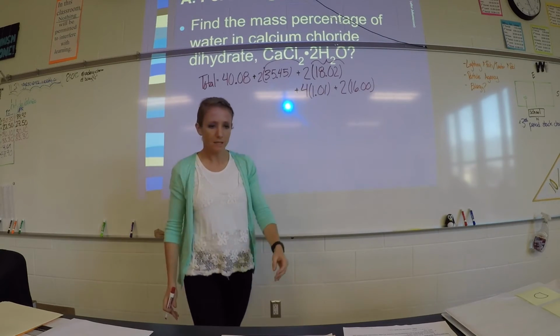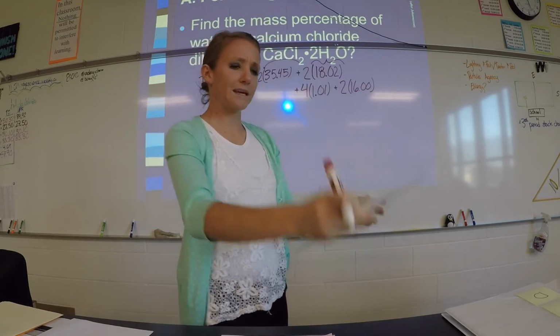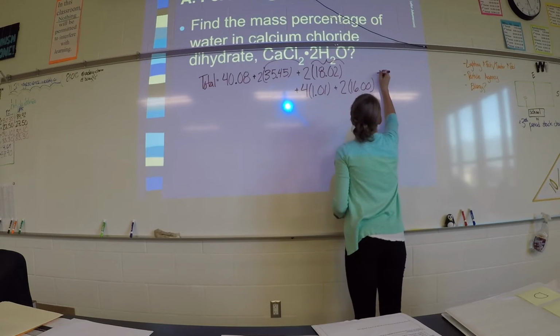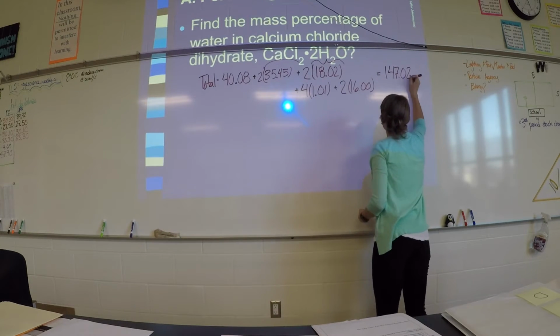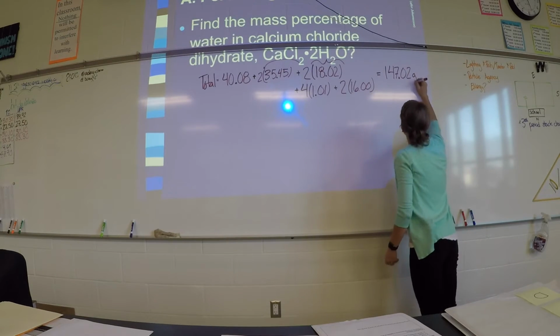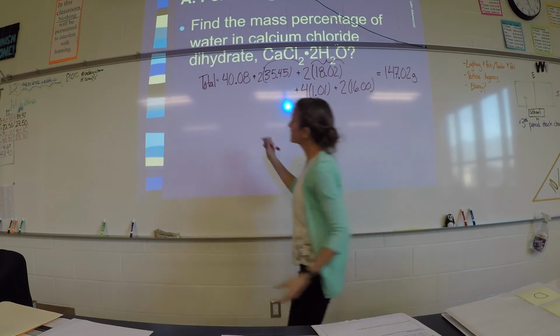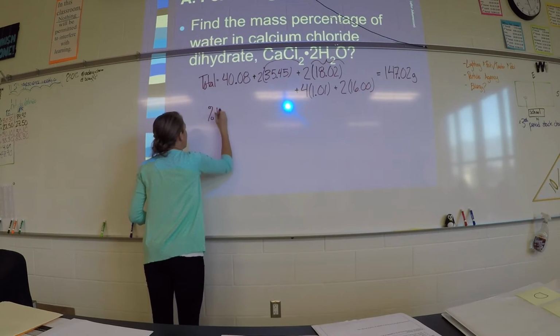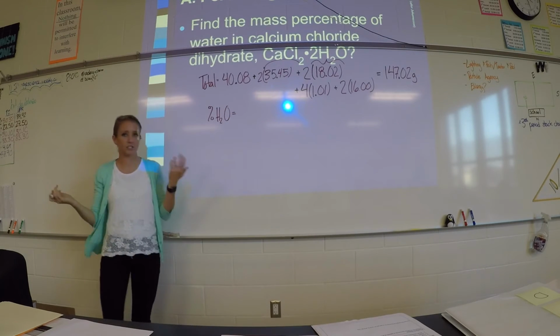All right, so when we plug that all in, what do we get as our total? 147.02. Do I have a second witness to that? All right. Now we have our total. This question wants us to find just the percent of water. We don't have to find all the other pieces, because that's what the question is asking.